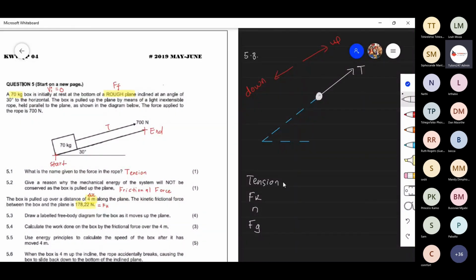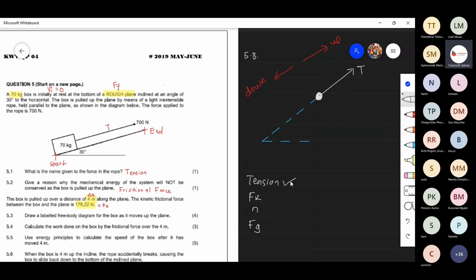So we have now indicated our first force. Let us have a look at the next one. We need to show in which direction the frictional force is acting. We know that frictional force acts in the opposite direction to motion.